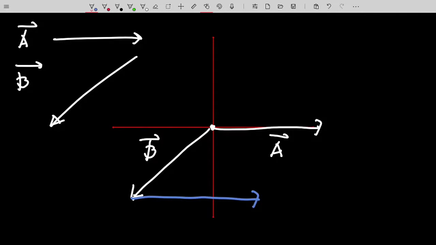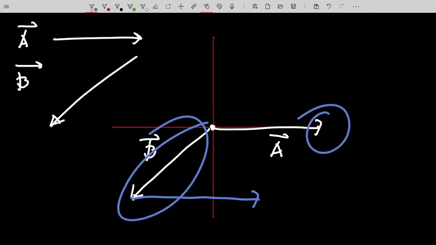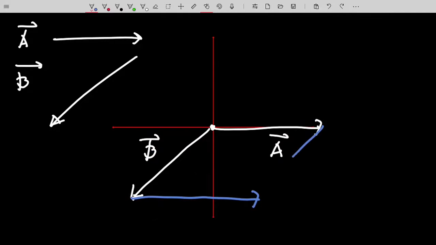Now the second thing to do is to copy this vector starting from the head of the first vector. Now it should be like this one. Now again, for our resultant vector, we're just going to draw a straight line starting from your central axis to the point of intersection of the copied vectors. Now let's try to do it.